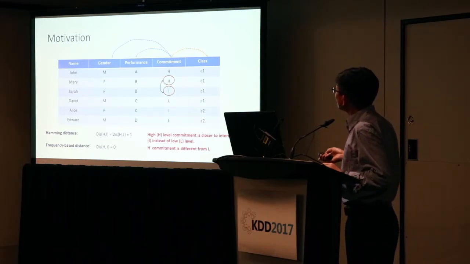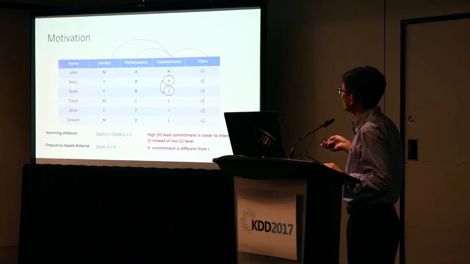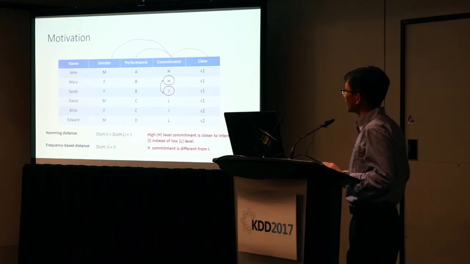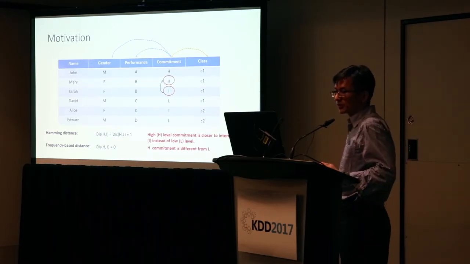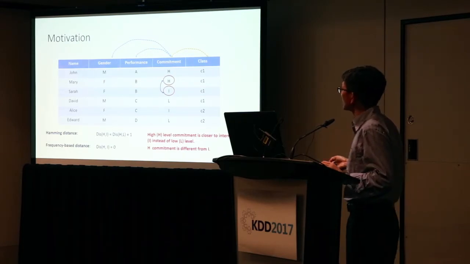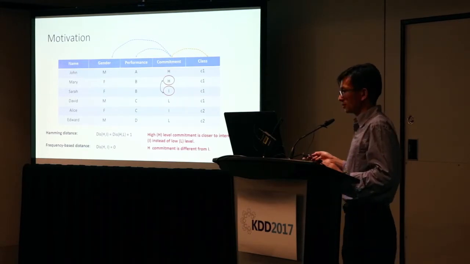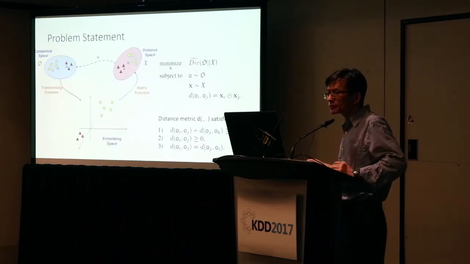If you just look at this simple table, at the commitment of the students or whoever in the class, some have a high commitment or a low level of commitment, and if you just compare from the commitment perspective, it's probably hard for us to get a good picture of their similarity or difference, right? If we just use Hamming or frequency-based measures, we see we need to consider more than that.